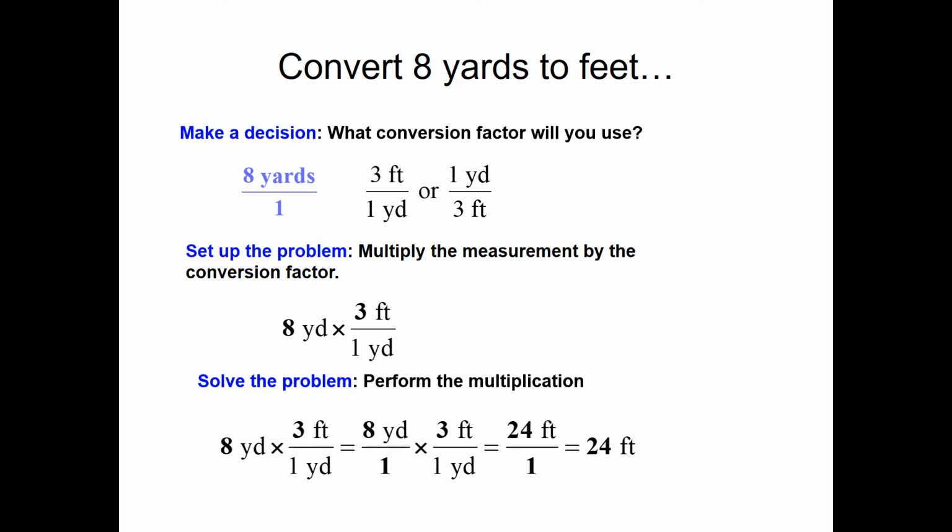You'll see they like doing this notation, where they put an imaginary 1 under your 8 yards. I don't like doing that, and I also like using the grid instead of multiplying like this, but whatever makes more sense to you. We can see that the yards cancel out, and we're just left with feet.